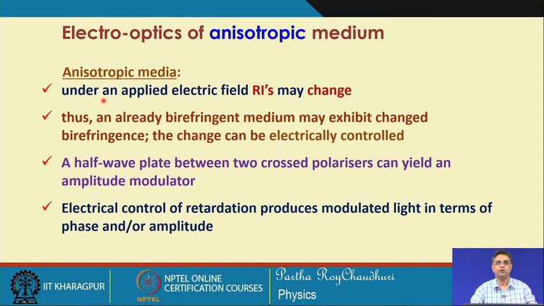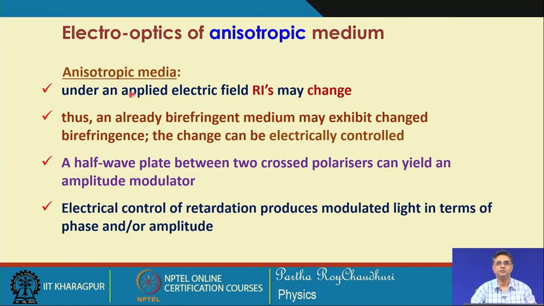So, for an anisotropic medium under an applied external electric field, the refractive indices may change. It may change the length of the semi axis of the ellipsoid, or it can distort the ellipsoid in terms of rotation, so that we have to look for the principal axis system again under the action of the electric field.